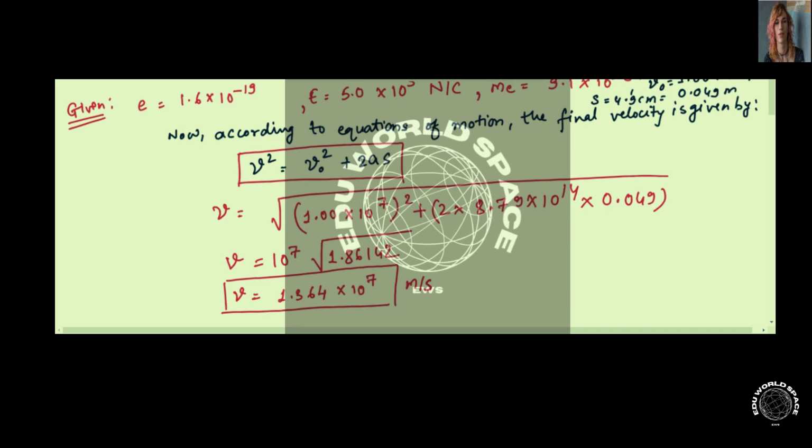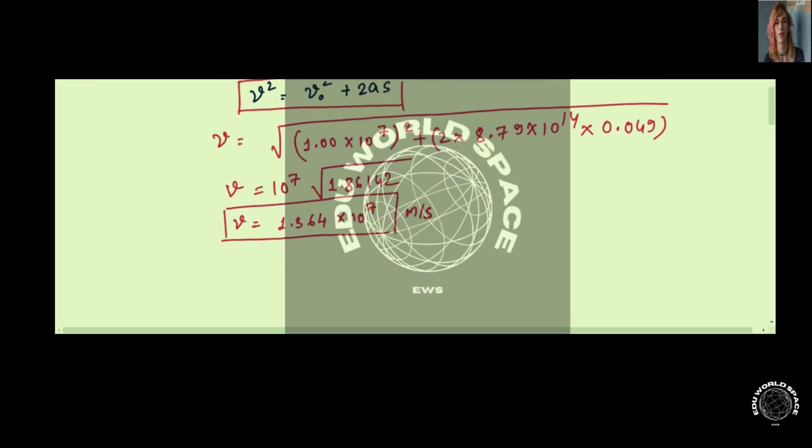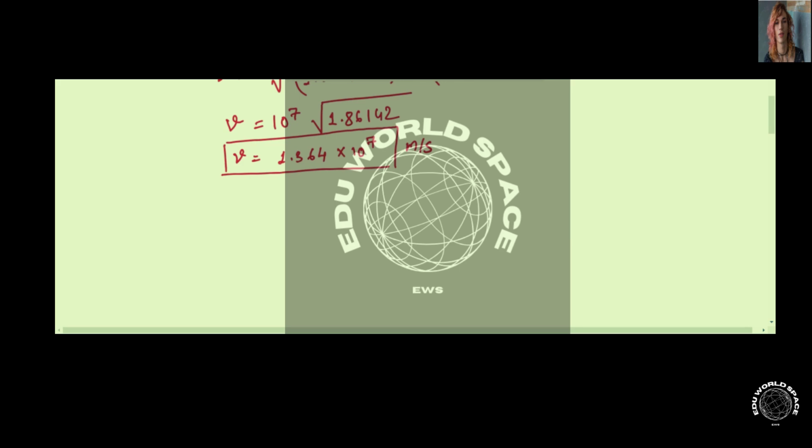So this is it about this problem. But one more thing is there, we need to calculate tan theta. The angle will be, as I discussed above, theta equals tan inverse V by V naught, that is perpendicular upon base according to the diagram.